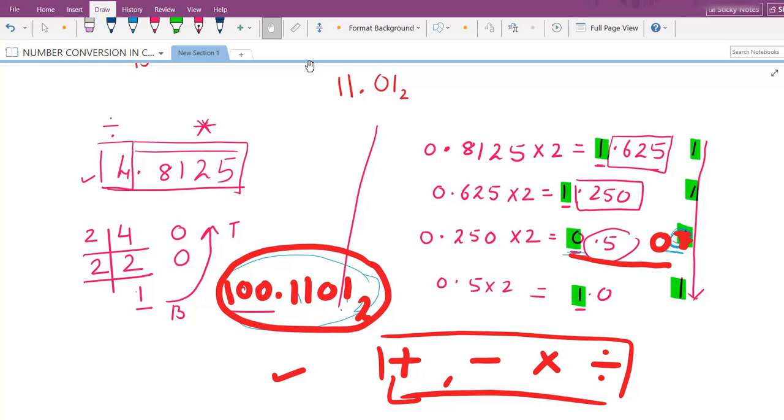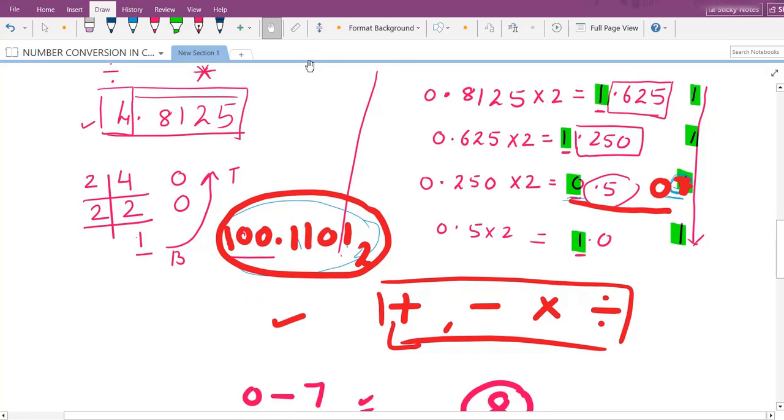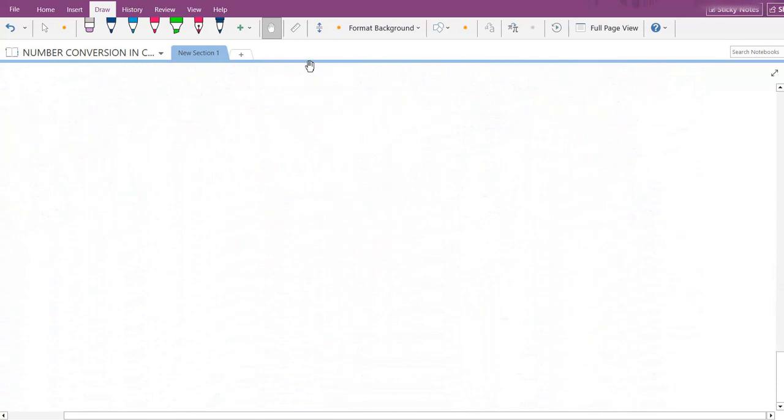In the next video, I will show you how, if you have a binary value or octal value or some other, you get it back into the decimal form. So today, try to practice this, and next time we will see what our next task will be.